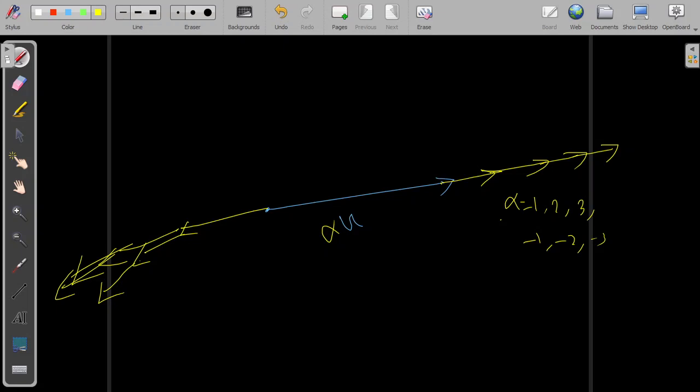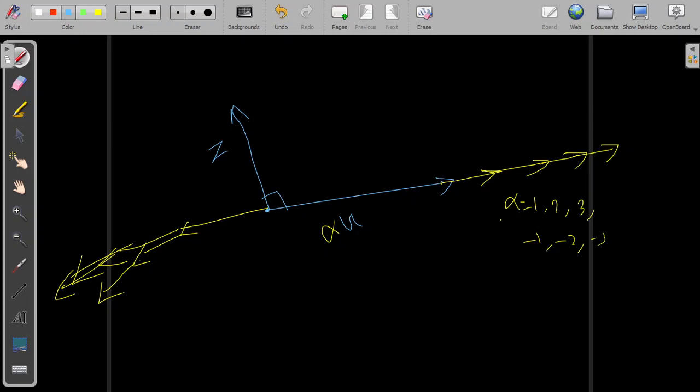Now I'm considering another vector, z, and this z vector is exactly orthogonal, that is perpendicular, to alpha u, or you can say just u. So z and u are orthogonal.